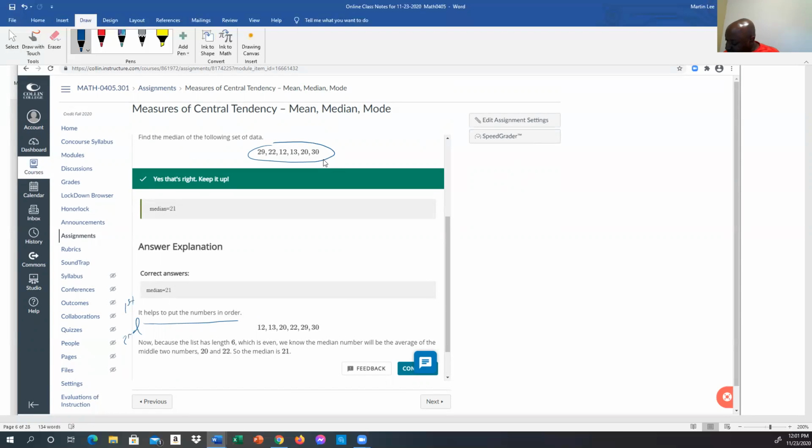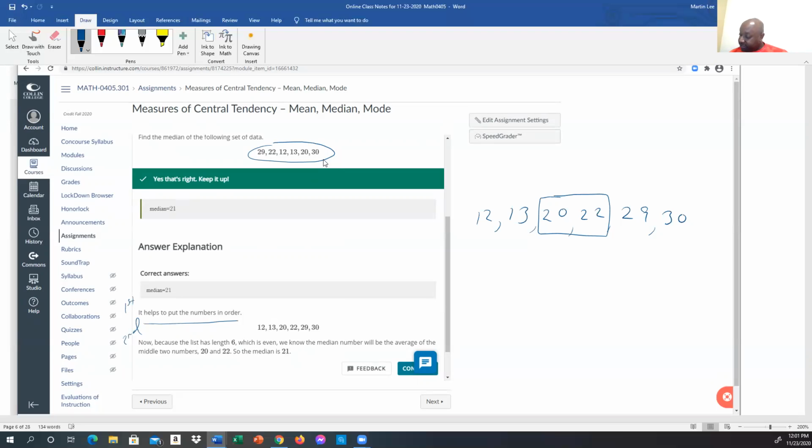Write these over here: 12, 13, 20, 22, 29, and 30. Now, what I just put a box around, I have to find the average of those 2 numbers, and it's going to give me my median.